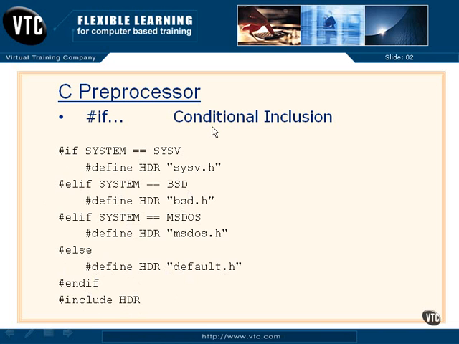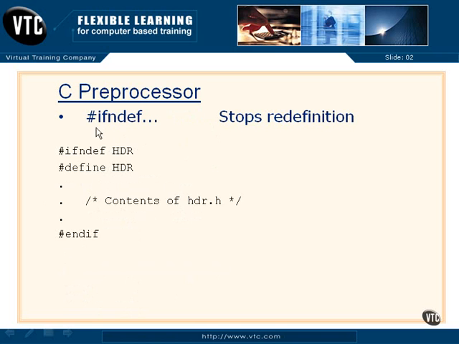So that's conditional inclusion. And we also have a nice item called if not defined, and this stops redefinition. Let's say that inside the header.h file, we can do an #ifndef, if not defined HDR, then go ahead and do these statements, define HDR, and do other things that header.h is supposed to do for us, and then that's the end of our #if.